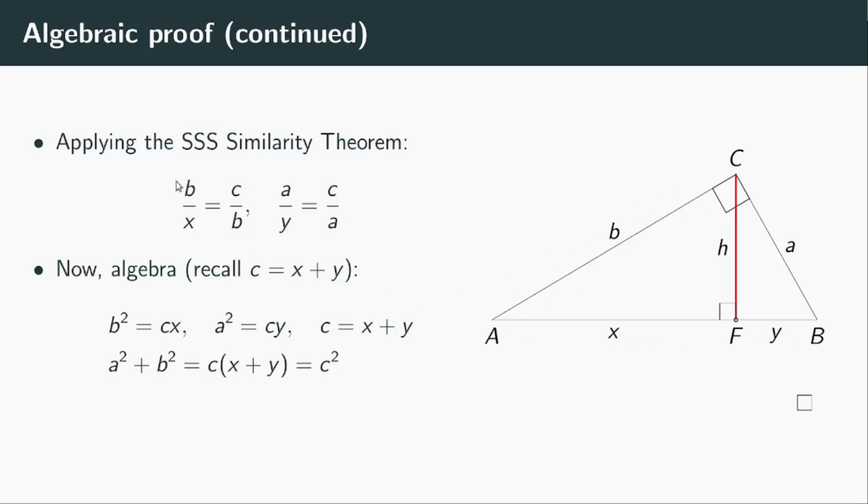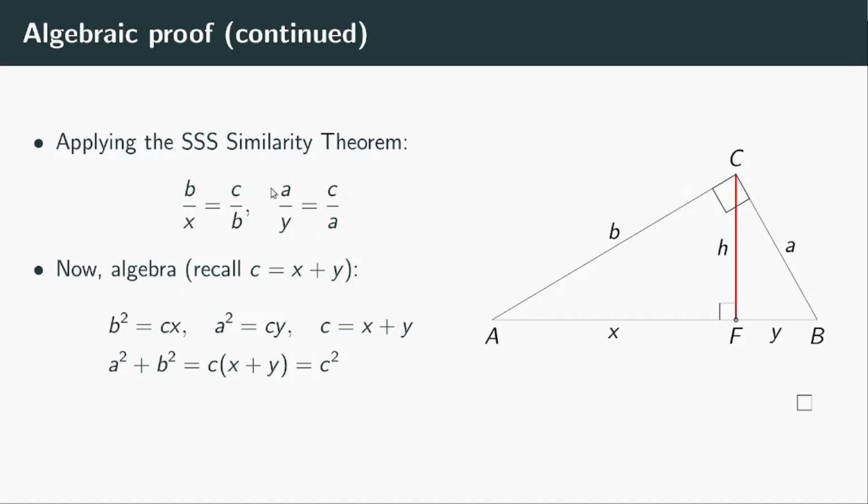This is the ratio of the hypotenuse in ACF divided by the length of the side adjacent to the angle A. And then c over b is the hypotenuse of ABC, and I am dividing by the leg that is adjacent to that same angle A. So this first equality on the left is coming from looking at the big triangle and my little triangle ACF.